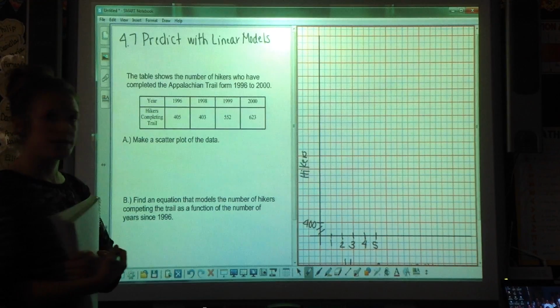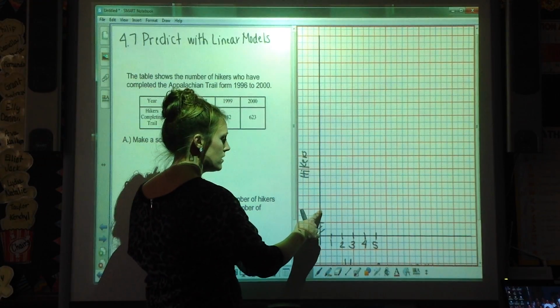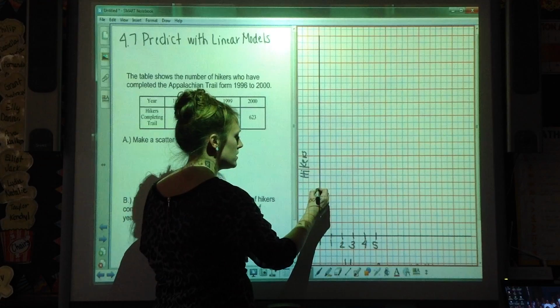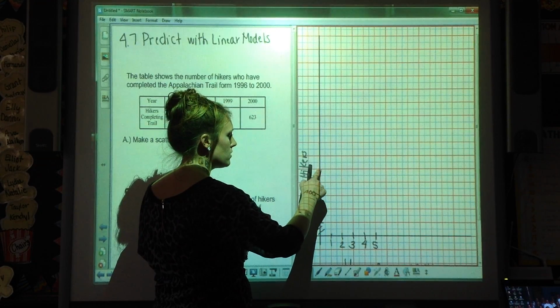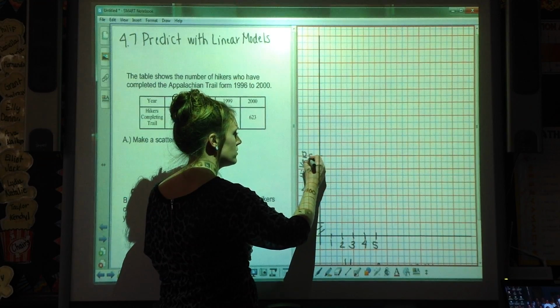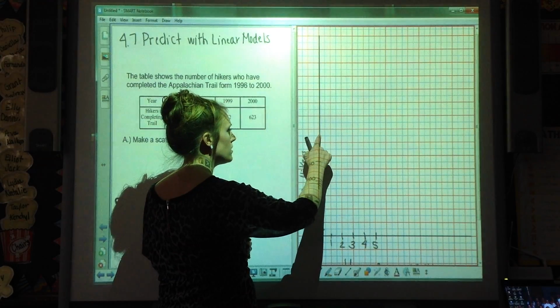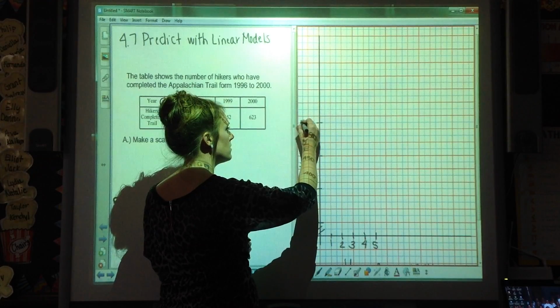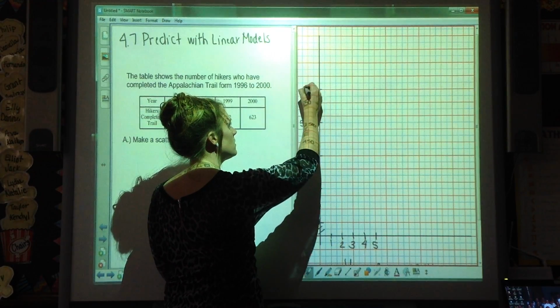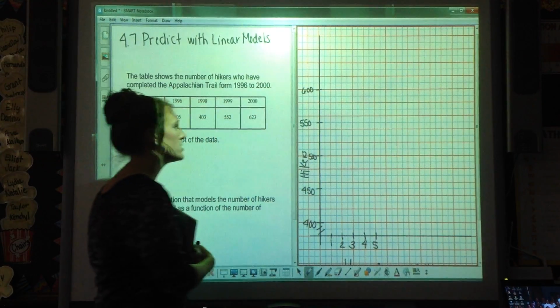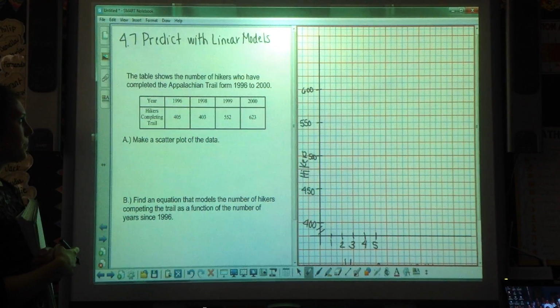And I'm going to go up by tens. So 10, 20, 30, 40, 50. This is 450. 10, 20, 30, 40, 50. This is 500. 10, 20, 30, 40, 50. I'm going to stop even though there's a number higher than that.